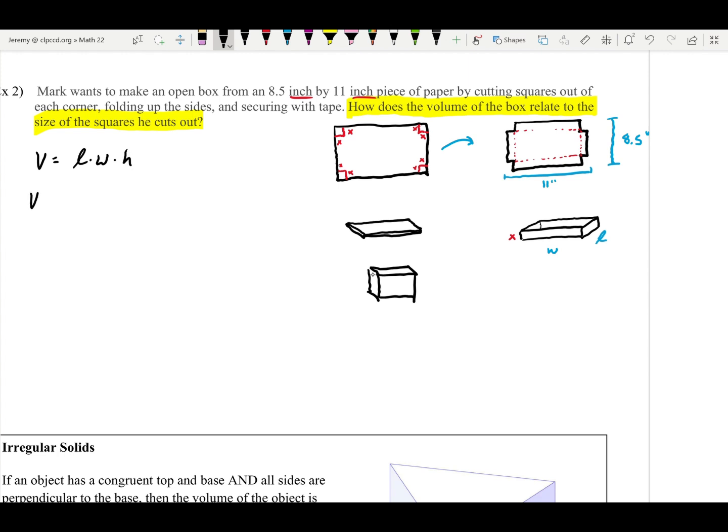But in terms of x, V of x is going to be equal to, okay, so the length is 8.5 minus 2x, again, because we lifted up those two flaps and that gets taken off of the length, times width, which will be 11 minus 2x, because of this flap getting folded up and this flap getting folded up. And the last dimension is the height, which is just x.